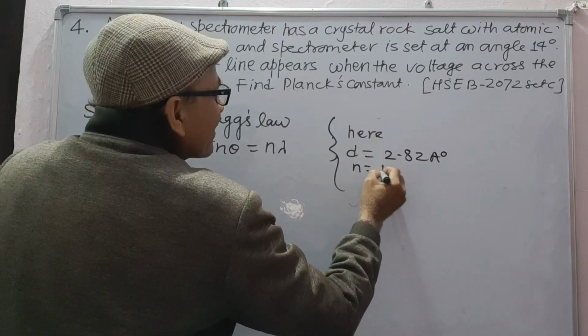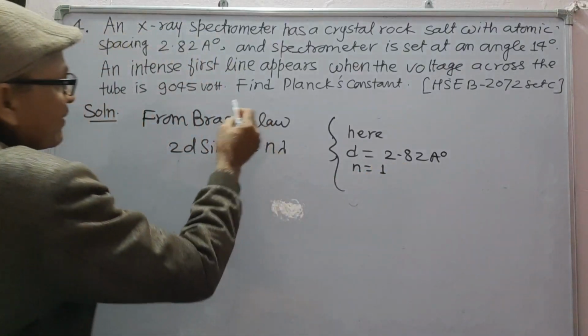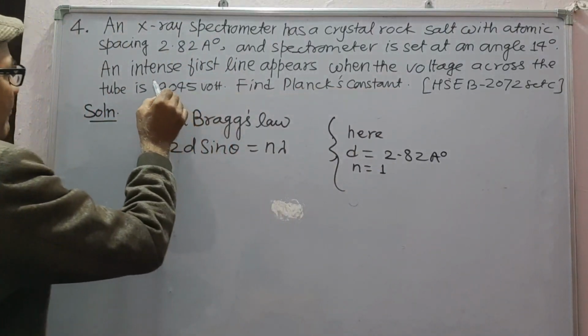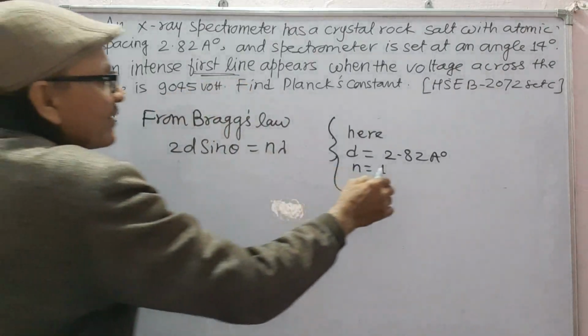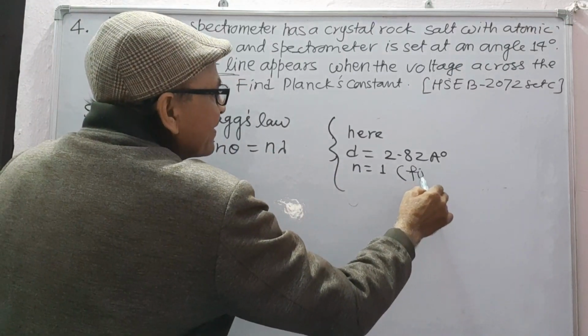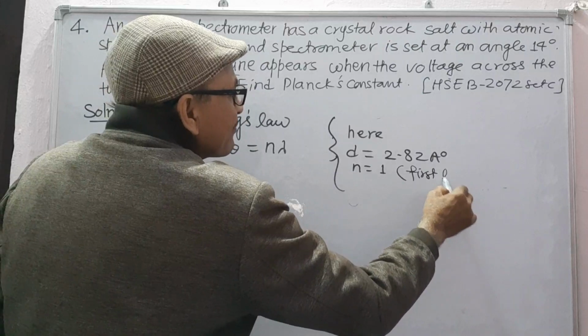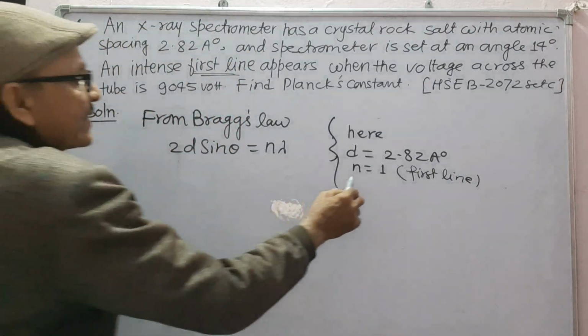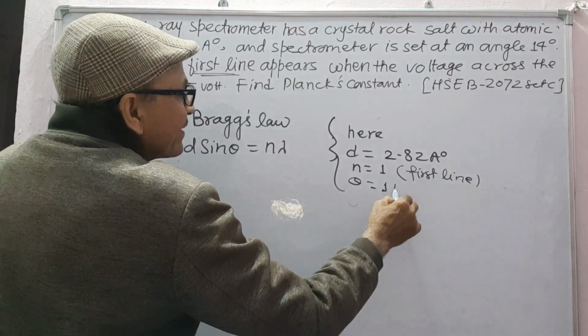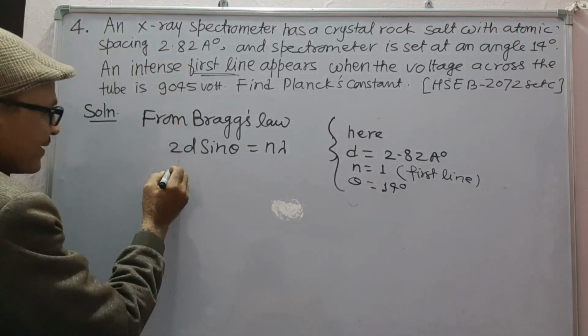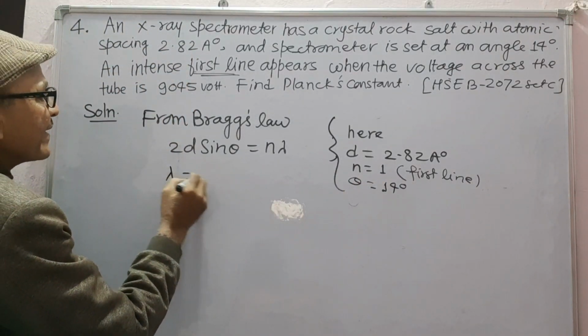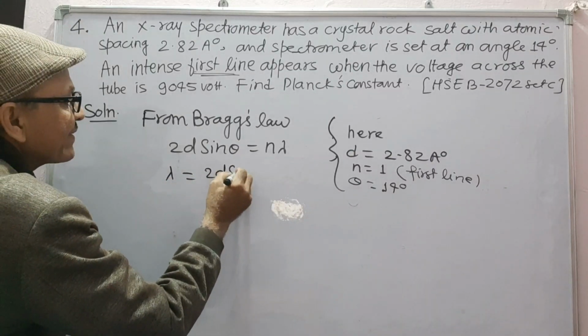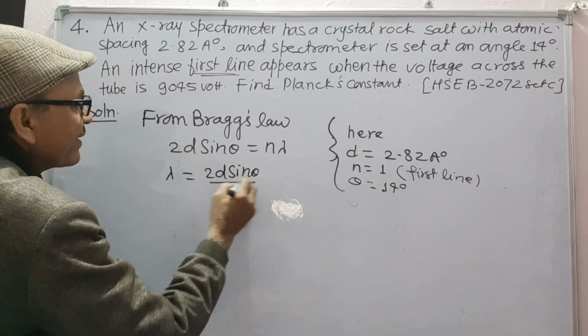N is 1, first line or first order. Theta is 14 degree. So we get lambda as 2d sin theta upon n.